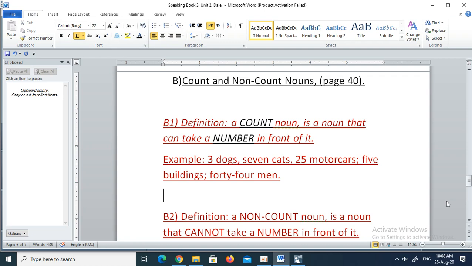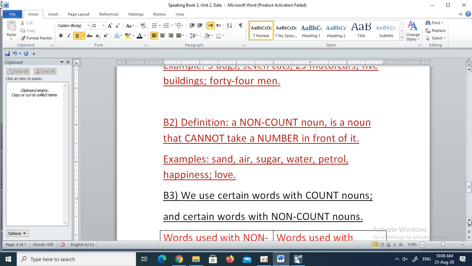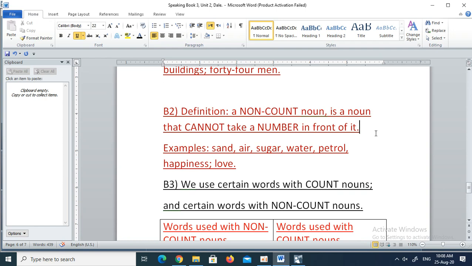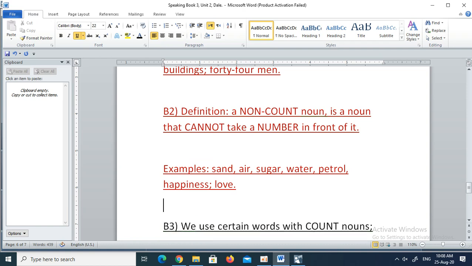Now, a non-count noun is a noun that cannot take a number in front of it. So, sand, air, sugar, water, petrol, happiness, love. I do not say 20 happinesses. It would be wrong.